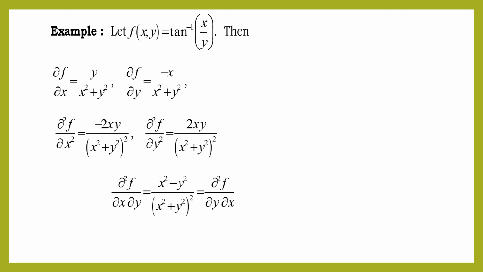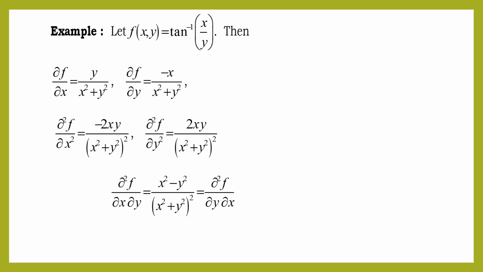If I find the next second partial derivative ∂²f/∂y², we get 2xy/(x²+y²)² for this particular scalar field f(x,y) = tan⁻¹(x/y) in two variables.